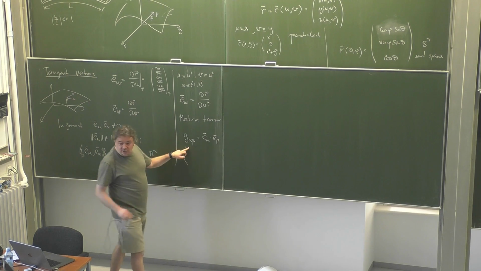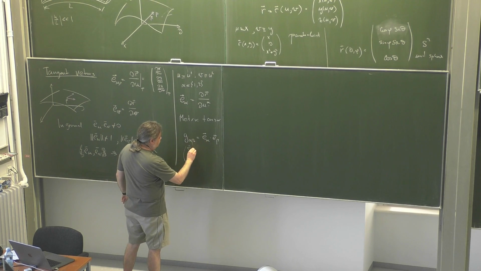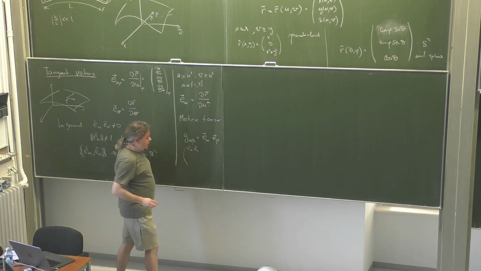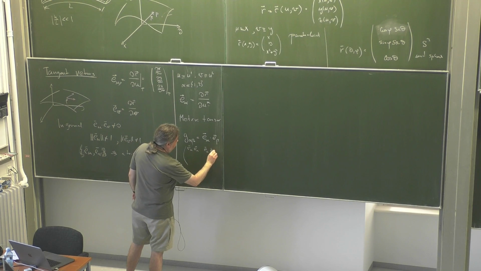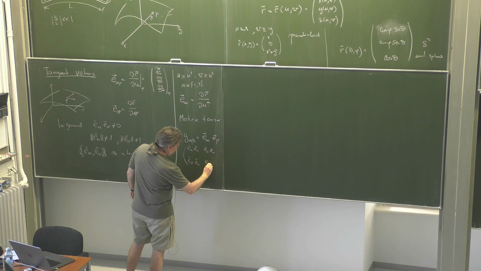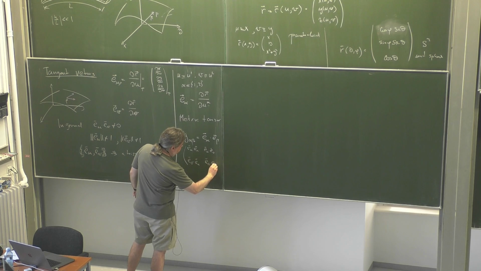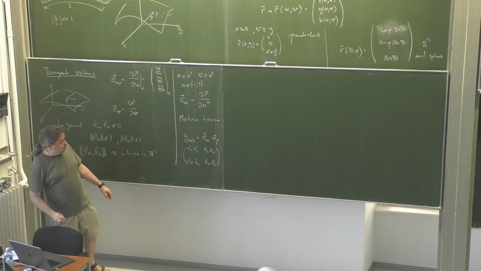So in here is going to be G_uu, right? So this is going to be E_u dot E_u. This is going to be the E_u dot E_v, right? This is going to be E_v dot E_u, and this is going to be E_v dot E_v. And I'm already violating my convention, right?